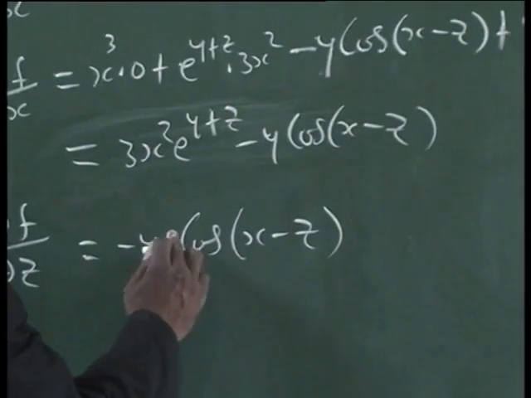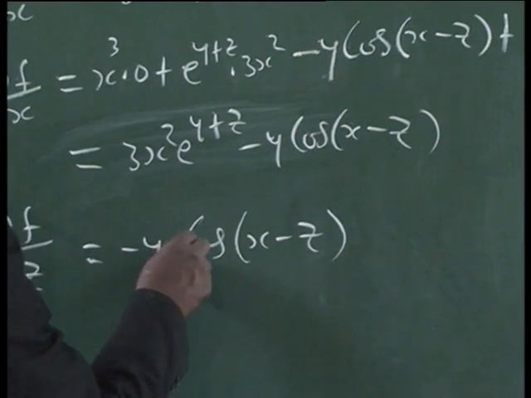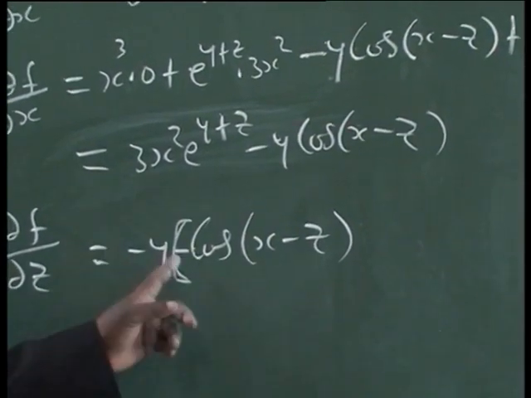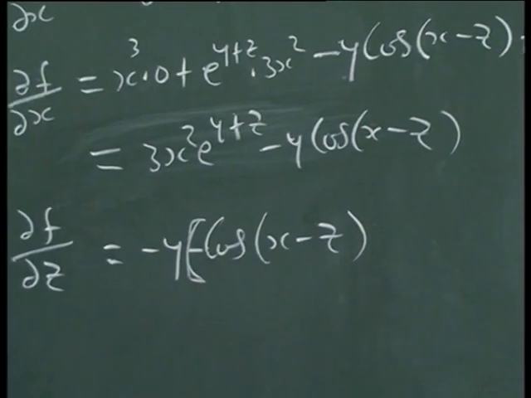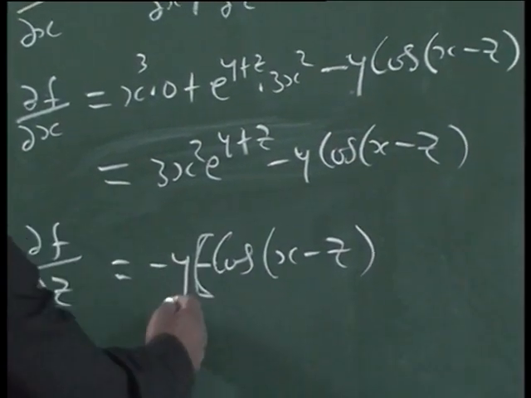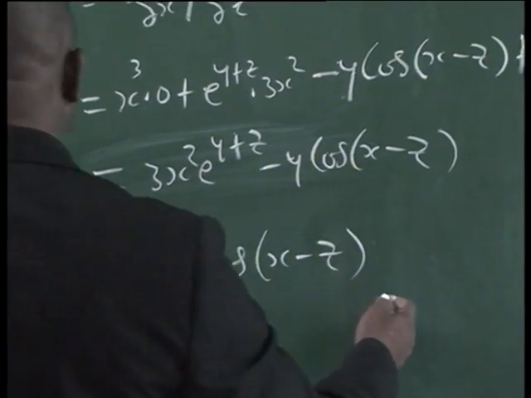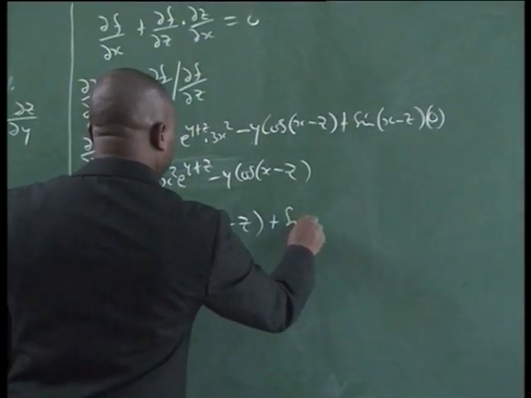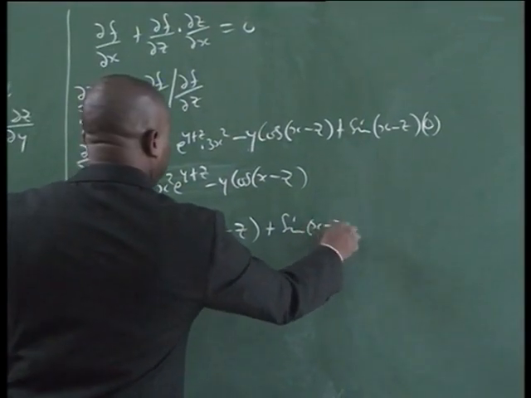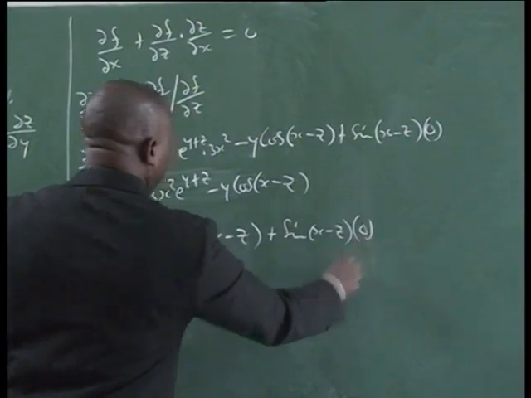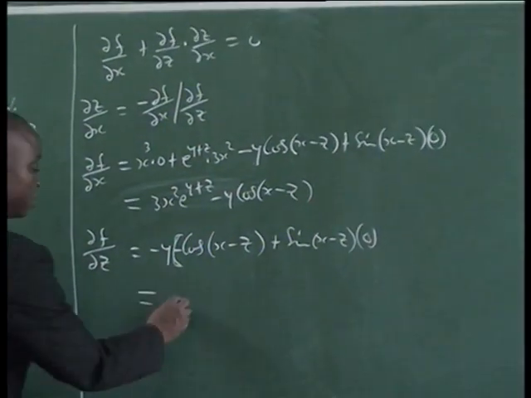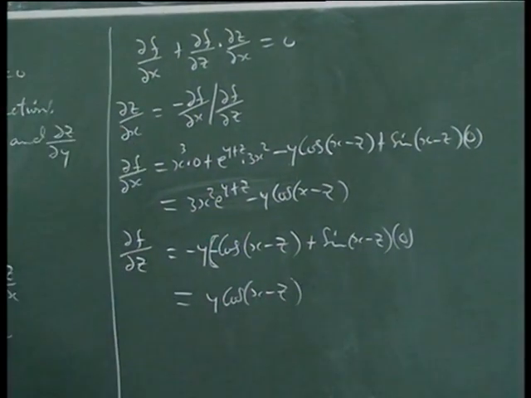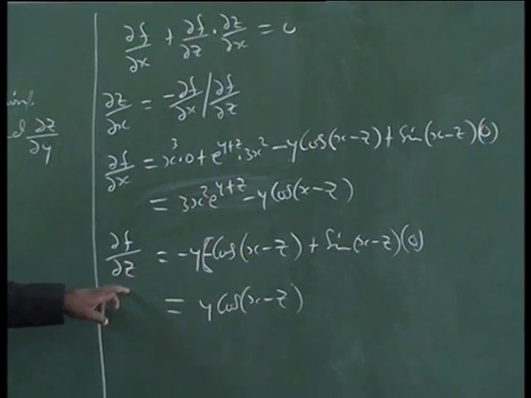So I have minus y times minus cos(x minus z). So I'm keeping y and differentiate this, plus I will keep sin(x minus z), and differentiate y to be 0. Then everything here gives me y cos(x minus z). That is for partial f/partial z.